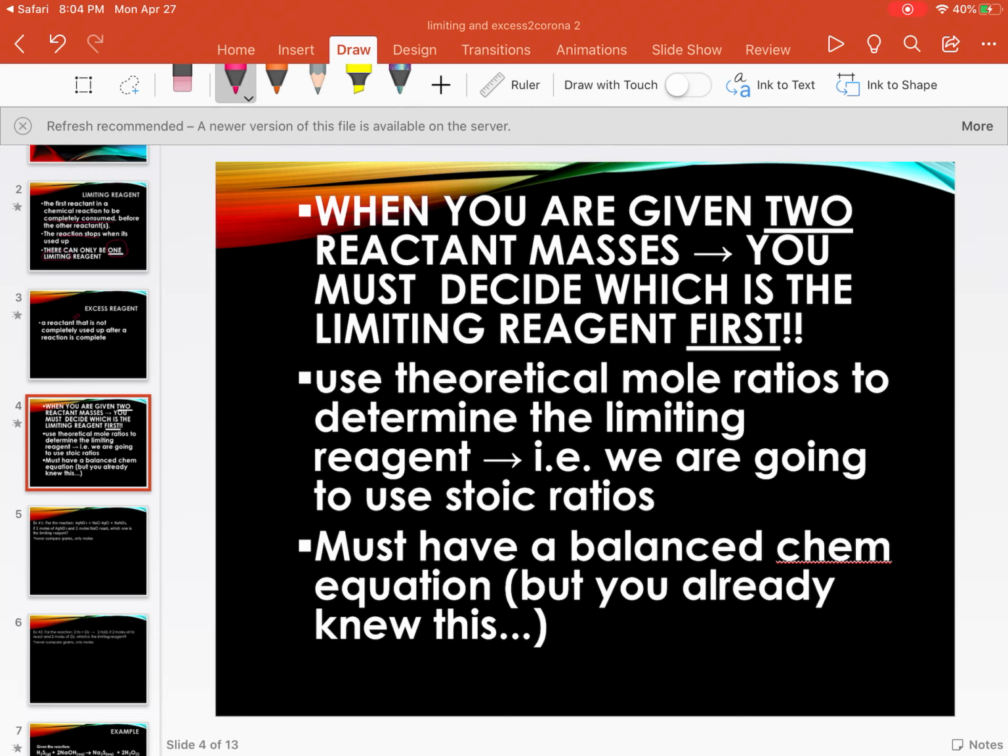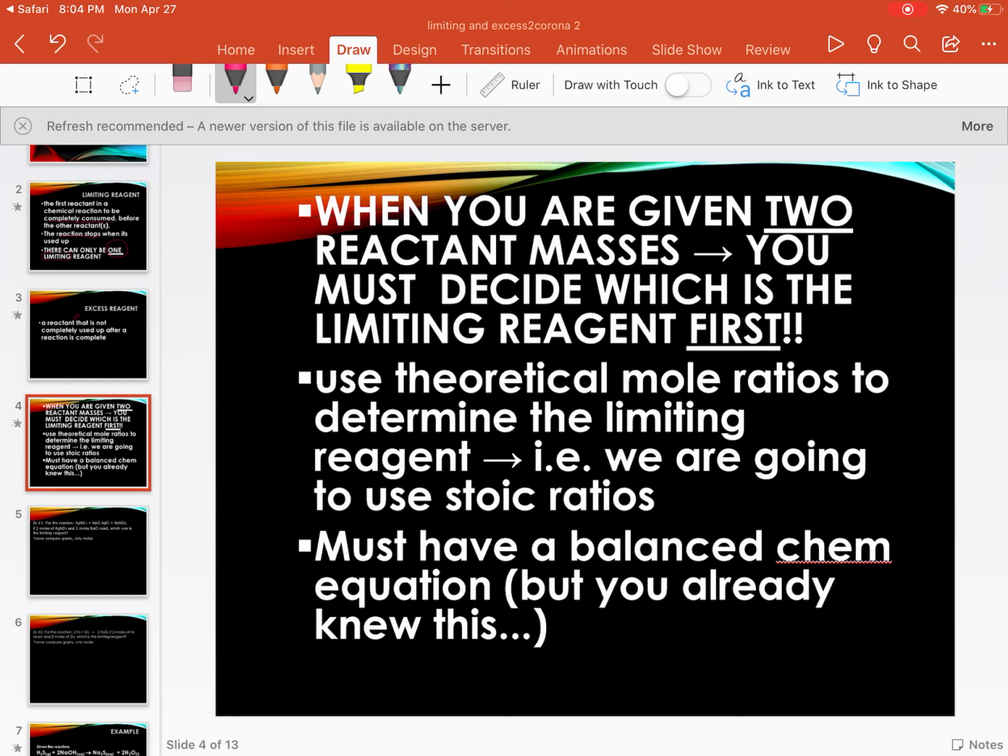If you are given 2 or 3 reactant masses, you must decide which one is the limiting reagent first. Normally the question will describe a reaction, and then part A will say find the limiting reagent, part B will say calculate how much product is produced, and part C will say calculate how much of the other reactant is left over.